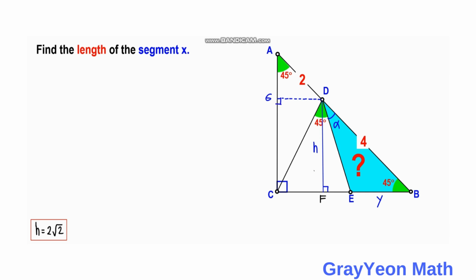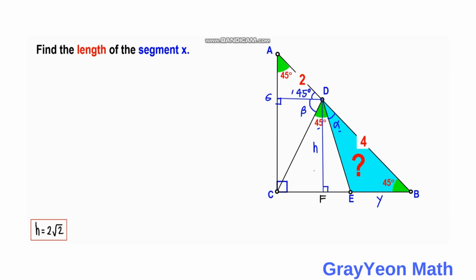Since this is a horizontal line GD, this should also be 45 degrees. If you focus on this segment AB, it has several angles: the 45-degree angle, this alpha, and this 45. The rest, this portion, we can call beta.